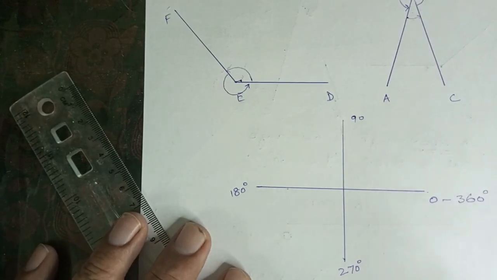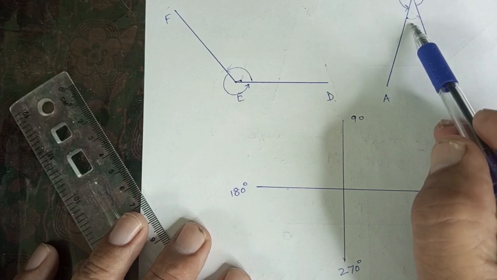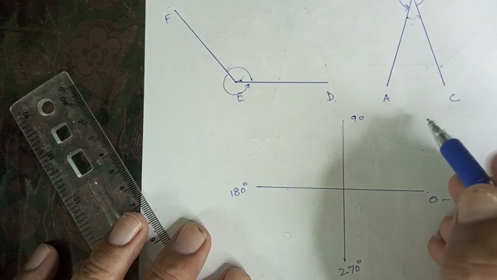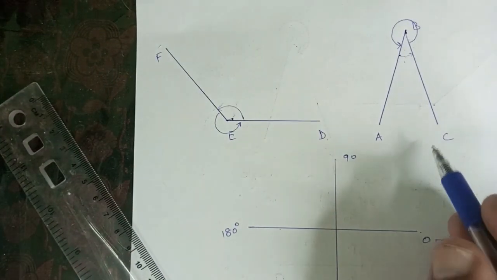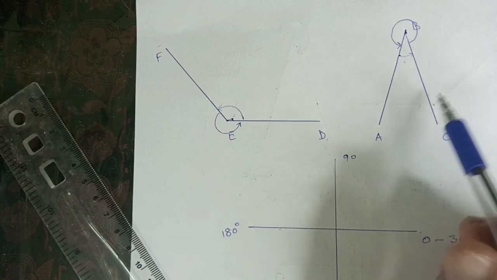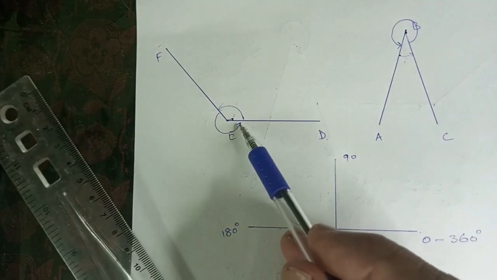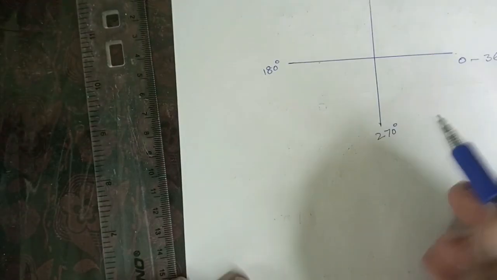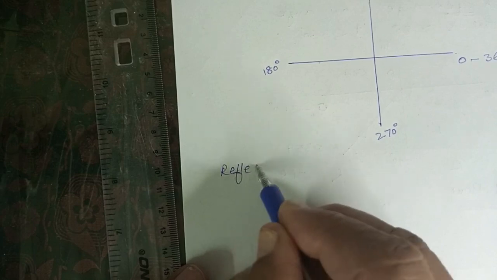So my students, this angle, not the inner angle but the outer angle, is called reflex angle. This angle is called the reflex angle. Now I'll write what is reflex angle. Reflex angle.